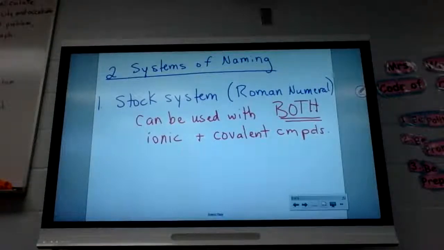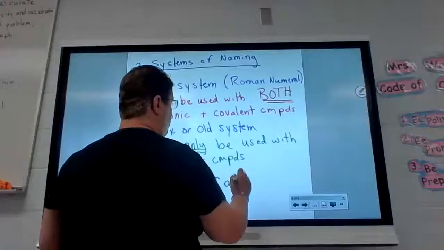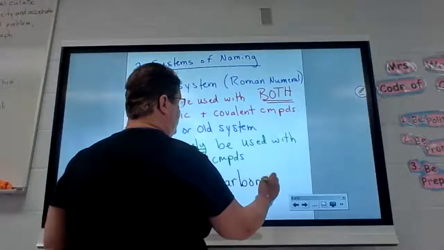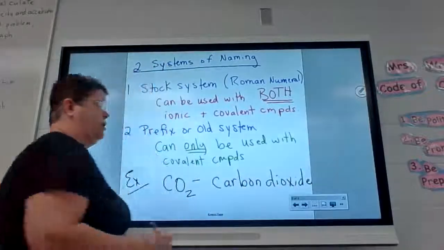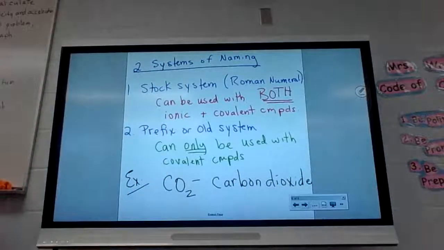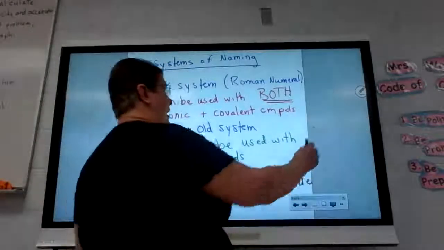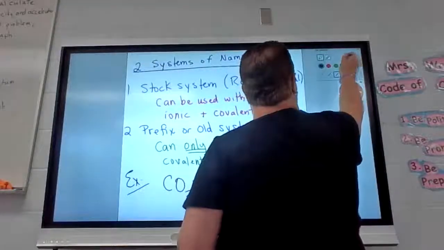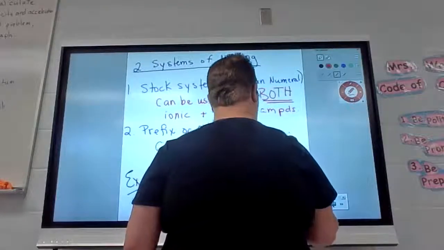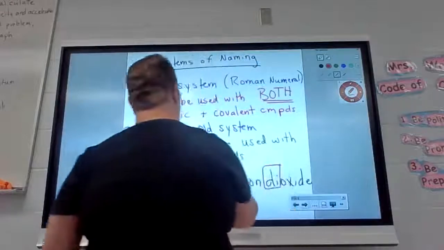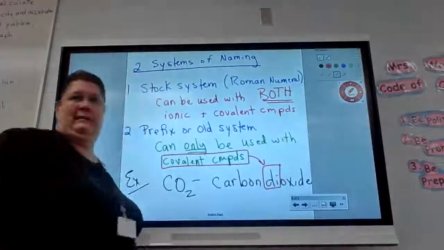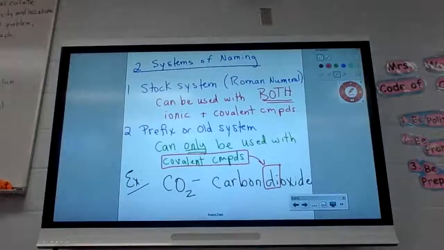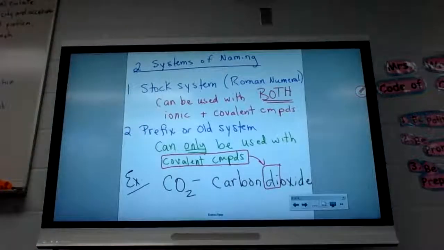Now, carbon dioxide, because that's what you guys have always been taught. Okay? Using those prefixes like di. You can only use these prefixes if they are covalent. You cannot use any of those prefixes in an ionic compound.